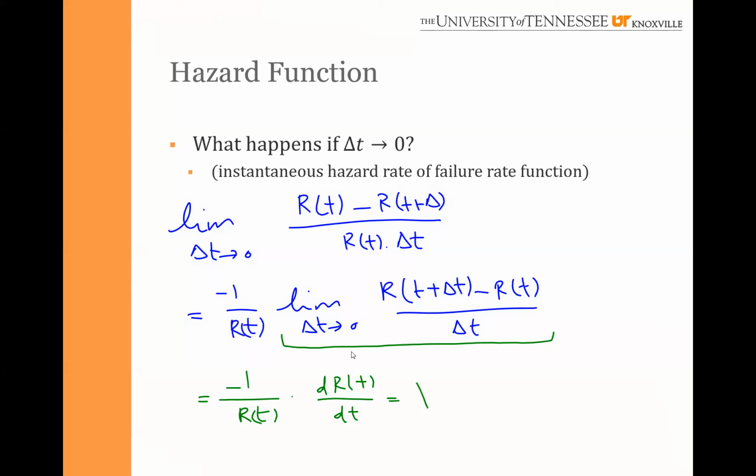I am going to show it with lambda of t. So it's the instantaneous rate of failure at this point. And by at this point, I mean I've survived up to this point. So instantaneous rate of failure at this point.